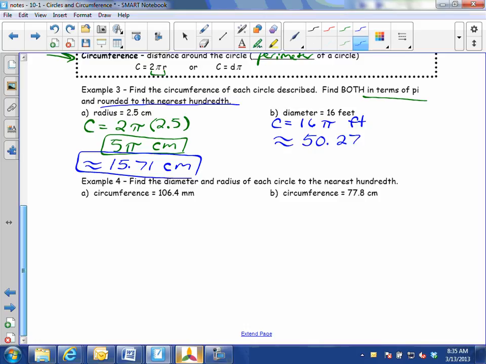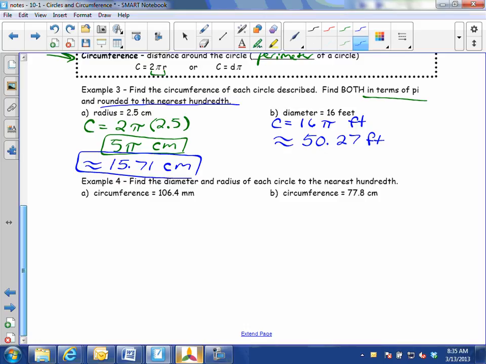Again, notice I put squiggle equals in front because we rounded. So in terms of pi, leave your pi symbol. Rounded, just take it times pi, and there's no pi symbol left because you've already multiplied by pi. Does this make sense? Some people get those two confused.